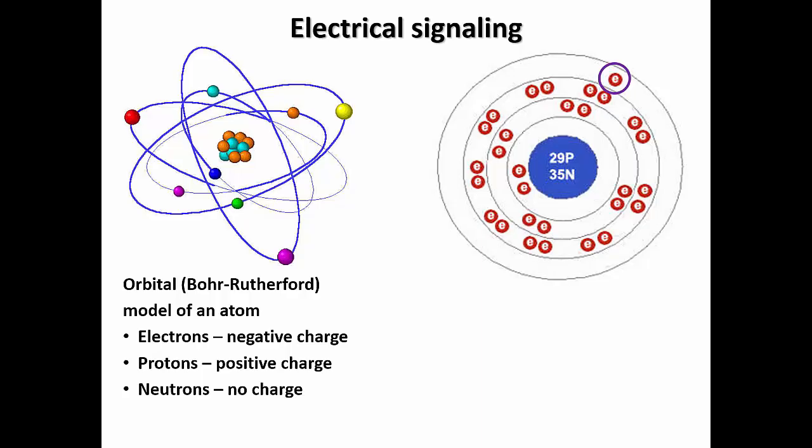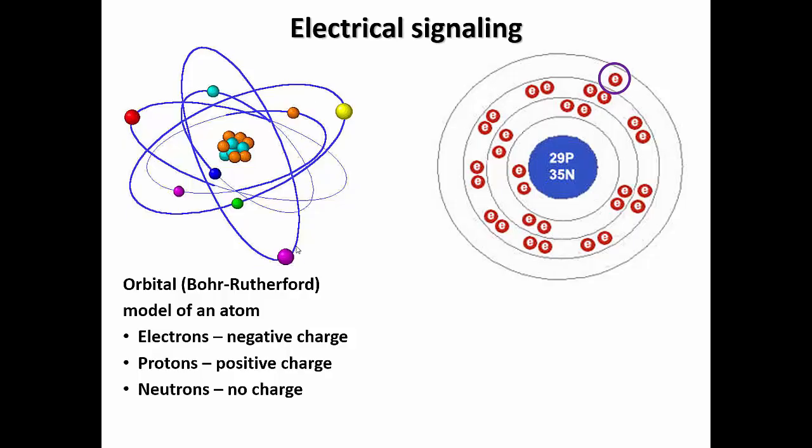And to get a better understanding of that, we take a look at the left-hand side in the orbital model of an atom, or also called the Bohr-Rutherford model of the atom, in this very simplified drawing where we have a nucleus of the atom with all of these circulating electrons that exist in different orbits or so-called energy shells.